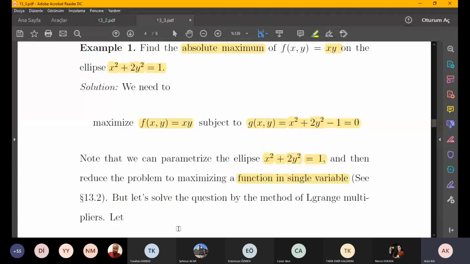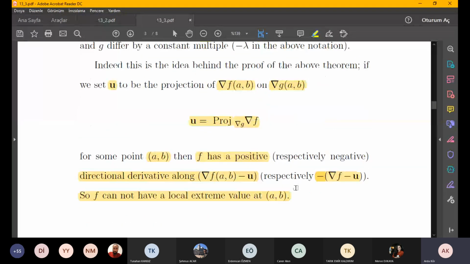But here, instead of this method, we will use Lagrange multipliers.